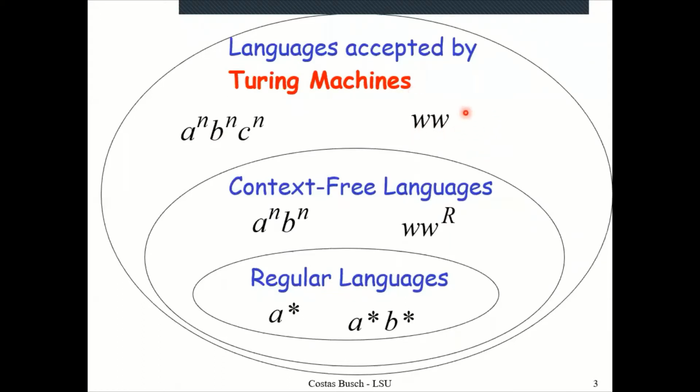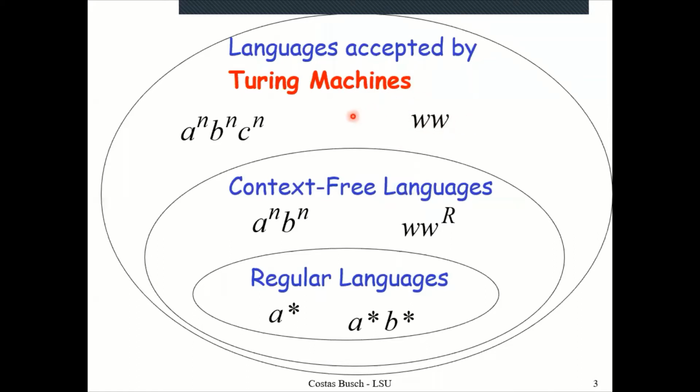Is there some way in which you can find out that a given string is a copy of two equal substrings? It is not computable by the DFA or the PDA. It is only computable by the Turing machine, and we are also going to create a Turing machine for this language as well.